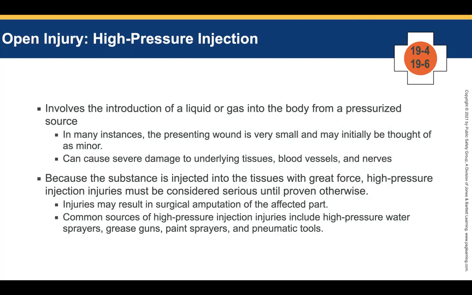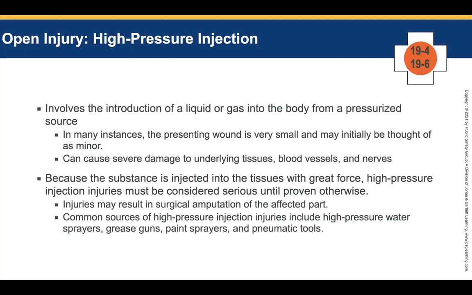Then we have to find out what that fluid is. Is it caustic? Is it an acid, a base? What can it do inside their body as well? So you're not just talking about the wound through the skin, but what was introduced into their body, what kind of fluid or gas. We've got to be aware of that as well.